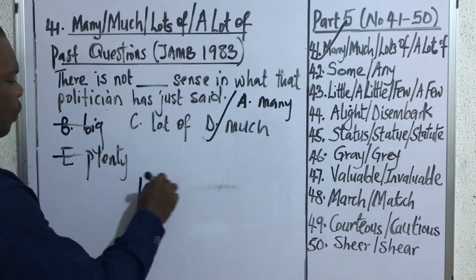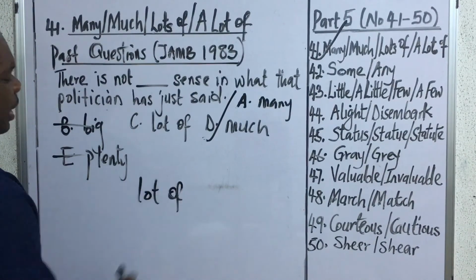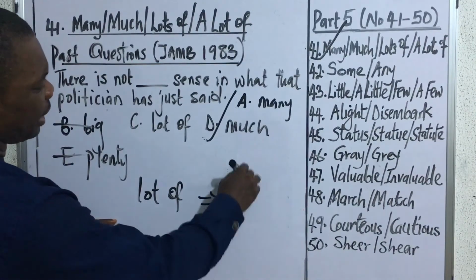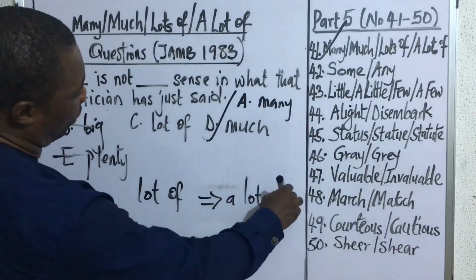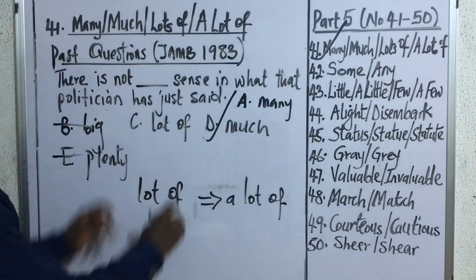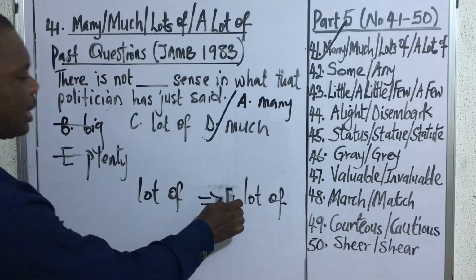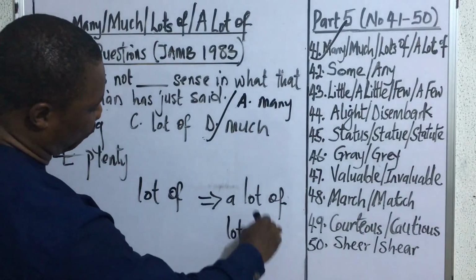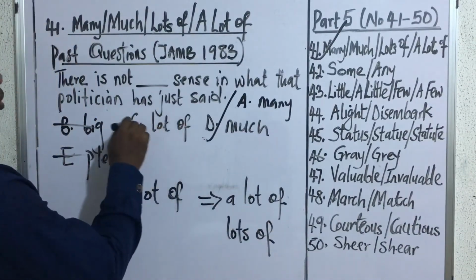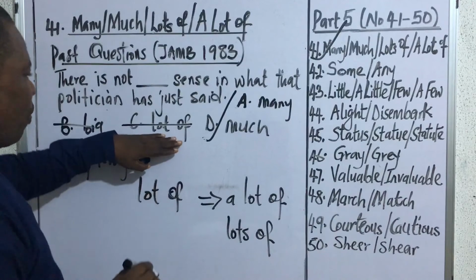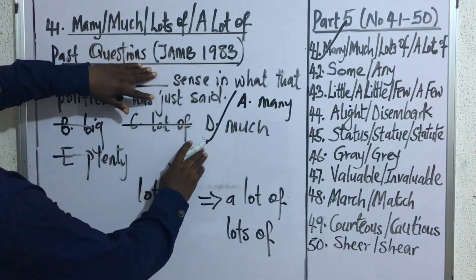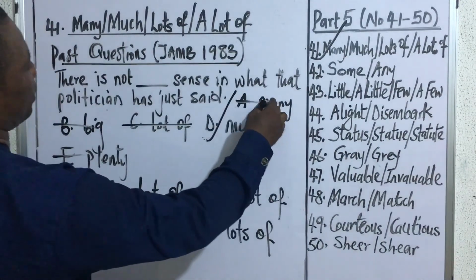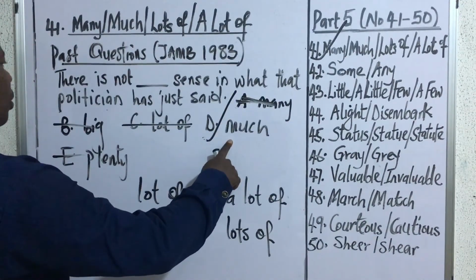If you are going to use it without the article a, then it must be lots of, and that is not the case here. But if you want to use it with the article a, then it's going to be a lot of. So you can see that this expression is not used properly here. And finally, since sense is uncountable, we cannot say many sense. So we are going to say much sense.